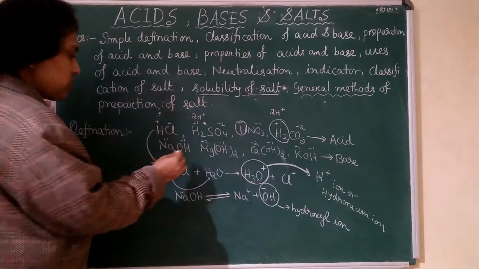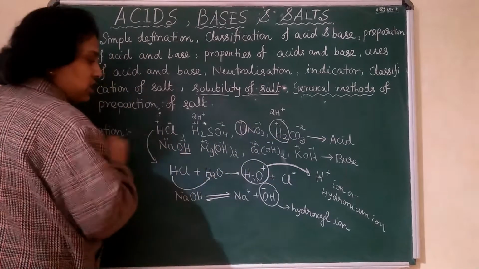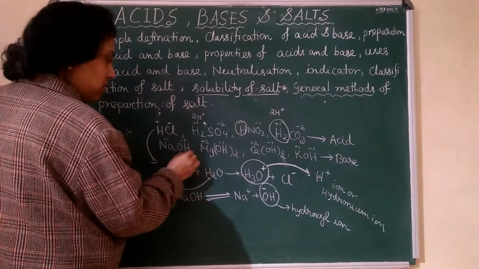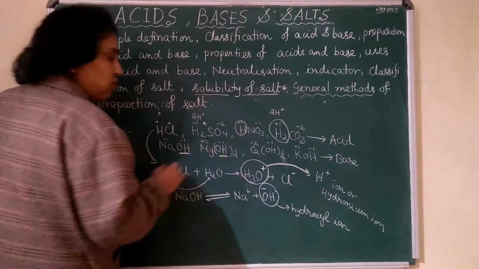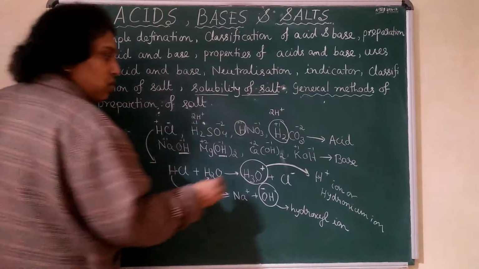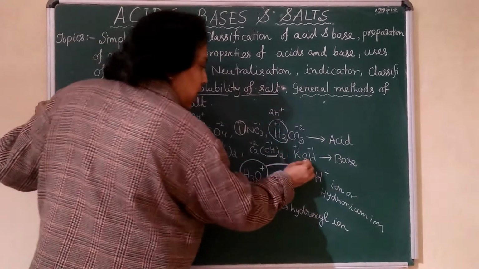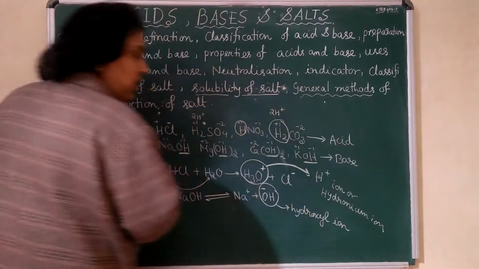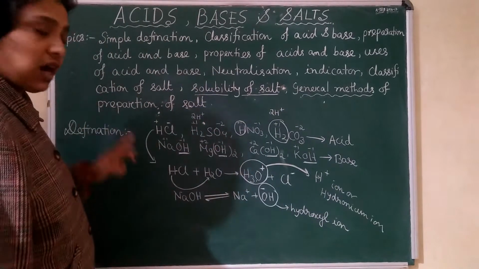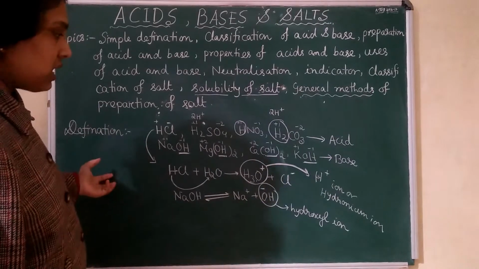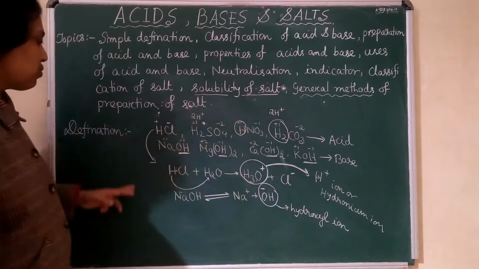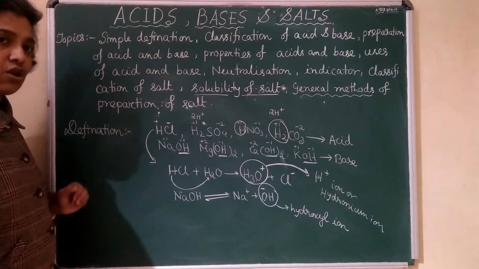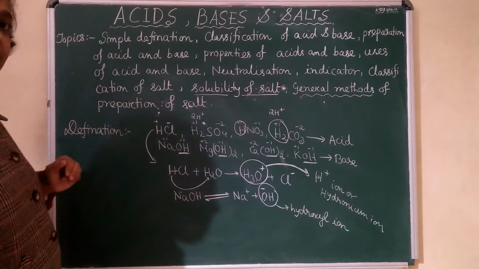Here OH is there, so it is a base: 2 OH minus ions, 1 OH minus ion. So in every case, in a base OH ions are generated, and in an acid H plus ion is generated. This is the basic definition of acids and bases.